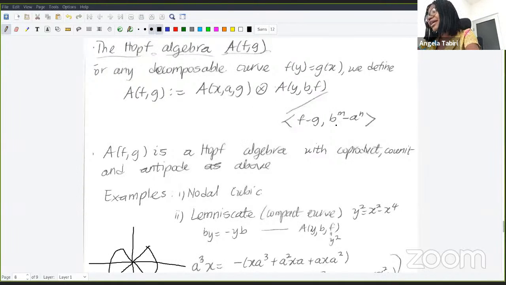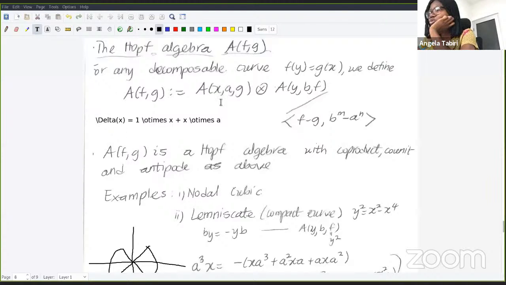So these two relations here are coming from the fact that you want your co-products to respect these. So we define the co-product of X to be 1 tensor X plus X tensor A, and that of our Y to be similar.